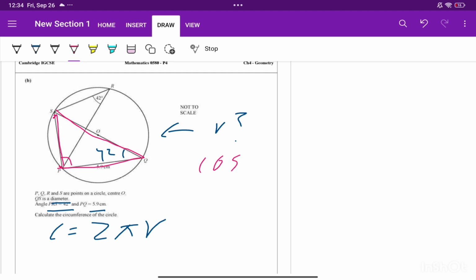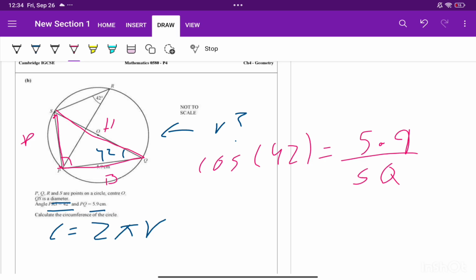We know cos 42 will be equal to SP, this 5.9 will be the base and this will be the hypotenuse. Okay, we are finding SQ. So SQ will be, let's do it on the calculator, 7.94.